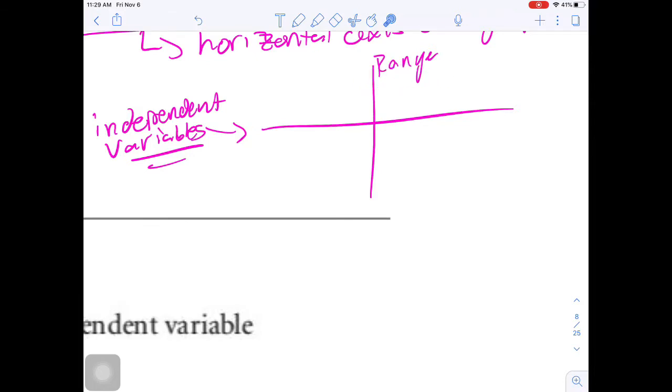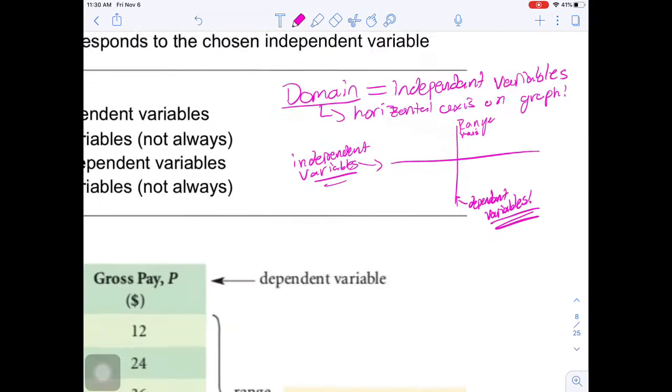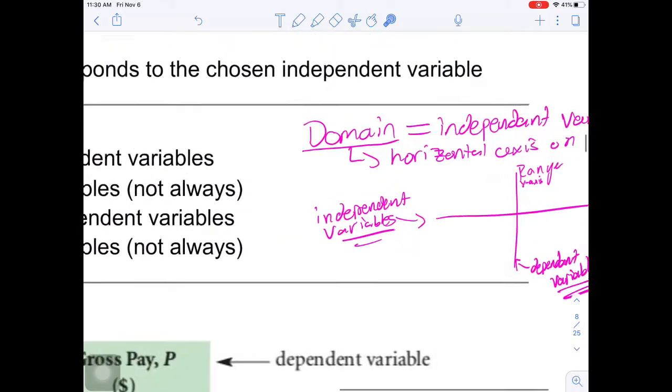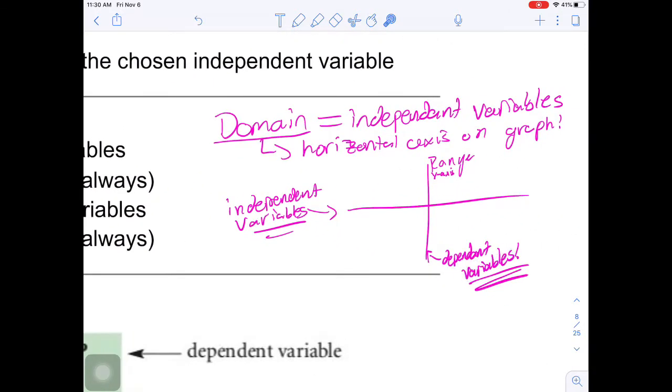It's also known as the y-axis, but this is where you're going to put all of your dependent variables. Okay, so you have lots going on here, and usually this is known as the y variables, but not always. But it's known as the y variables because you always put your dependent variables on the range axis, which is usually known as the y-axis.